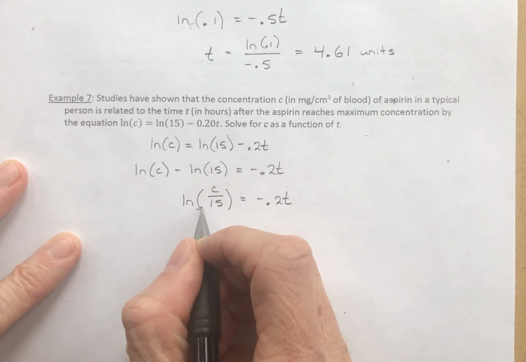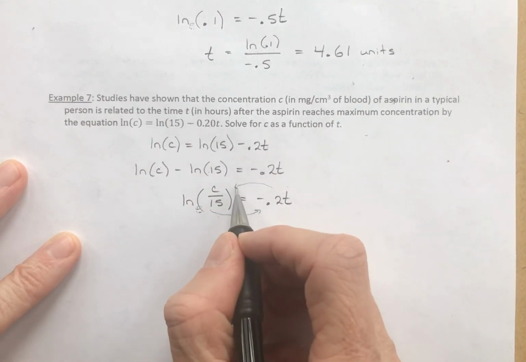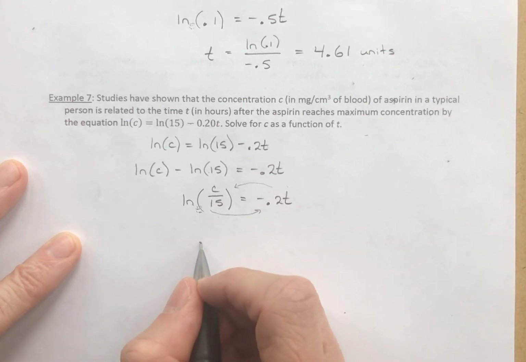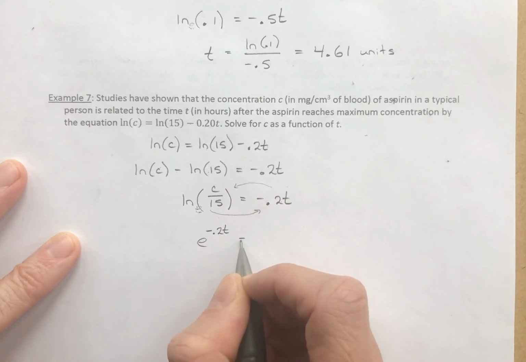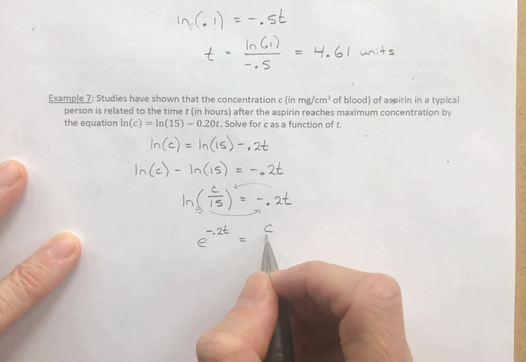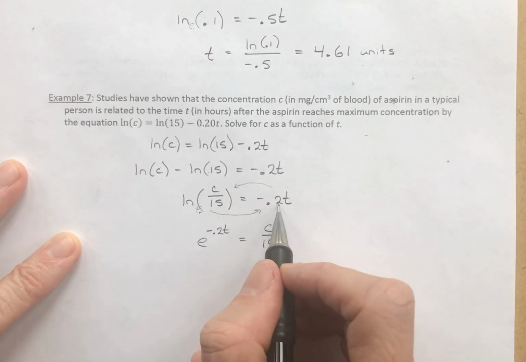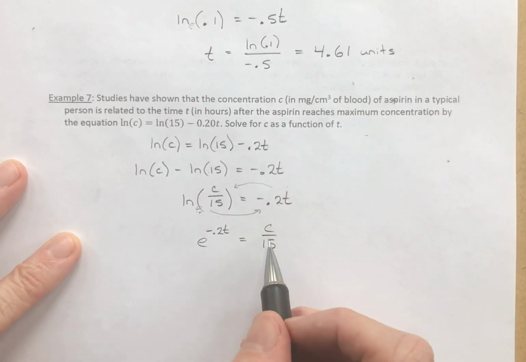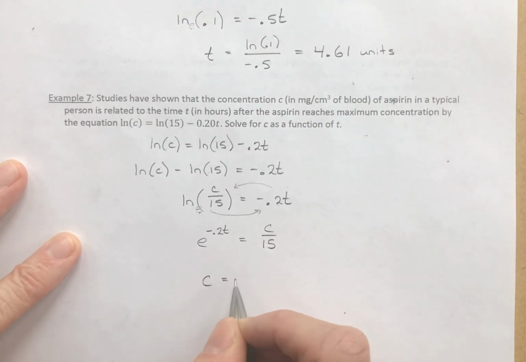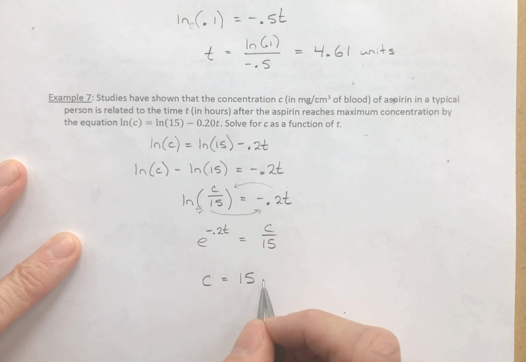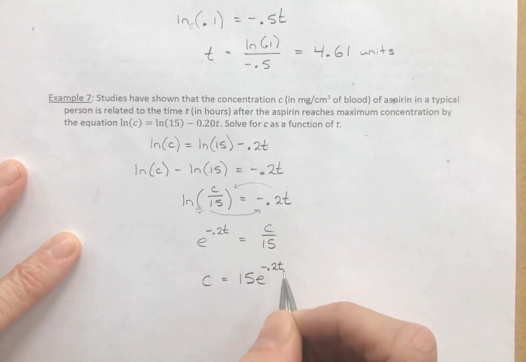Don't forget there's an e down here that's understood, so we can redo this as an exponent. So e to the negative 0.2t is equal to C over 15. Base to exponent equals the argument. Oh, now I'm pretty good. Multiply both sides by 15, and C is equal to 15 times e to the negative 0.2 times t.